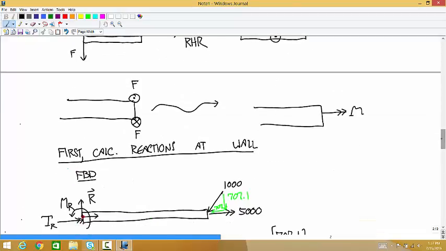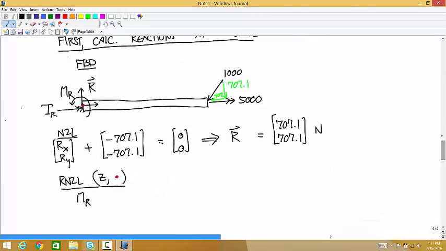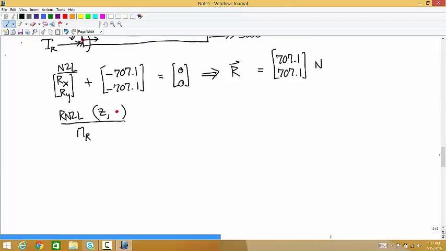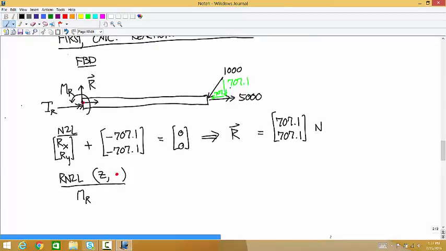I said this length was 1 meter. So the moment arm of this downward 707.1 is 1 meter. Would that produce a clockwise or counterclockwise rotation around this about point? If this had a hinge at the red dot and you tapped the downward force on the end with a little hammer, you'd get a rotation that way. That's a clockwise rotation, so that's going to be a negative moment.